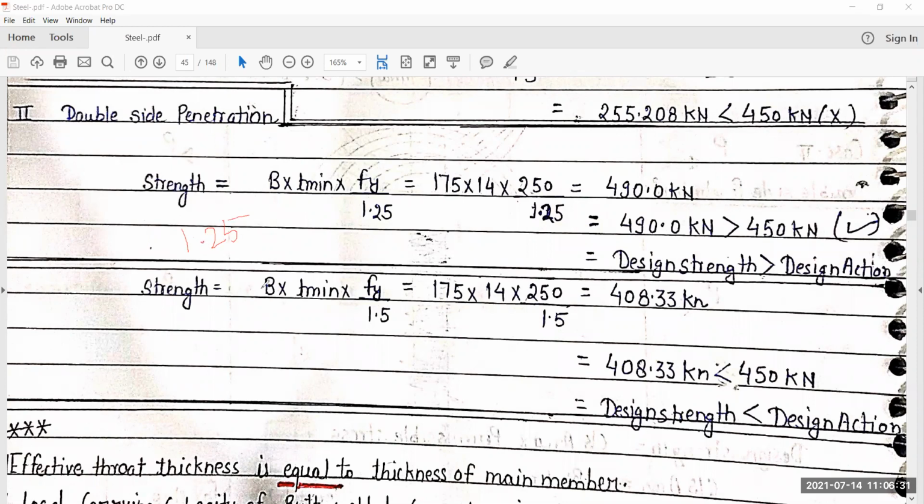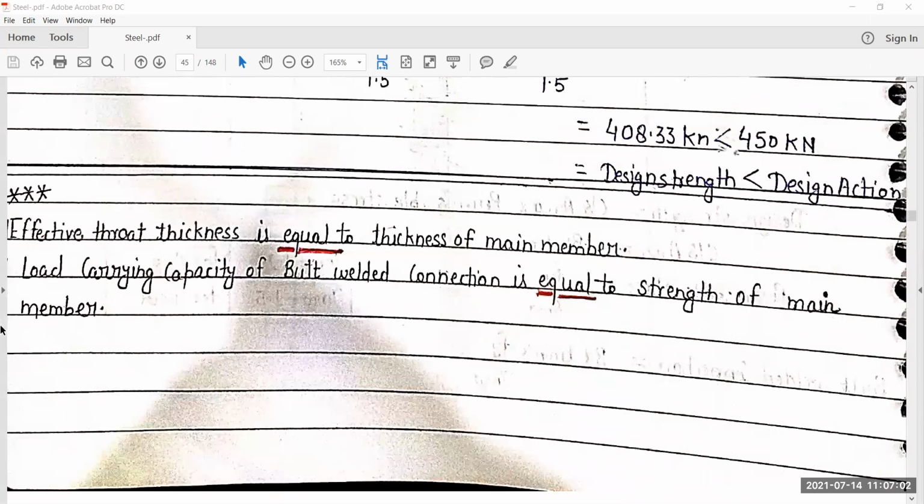First take 1.25 and second is 1.5. Then now we clear. This is the effective throat thickness, equal to thickness of main member load carrying capacity.